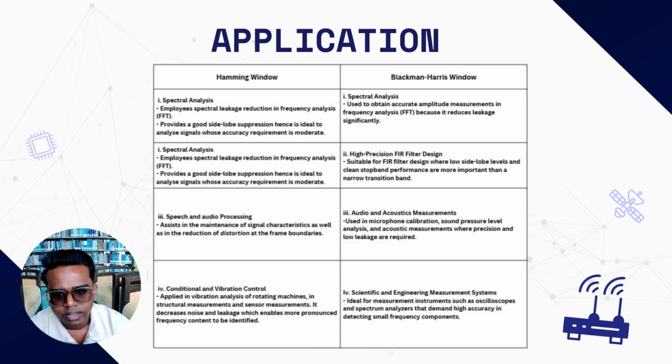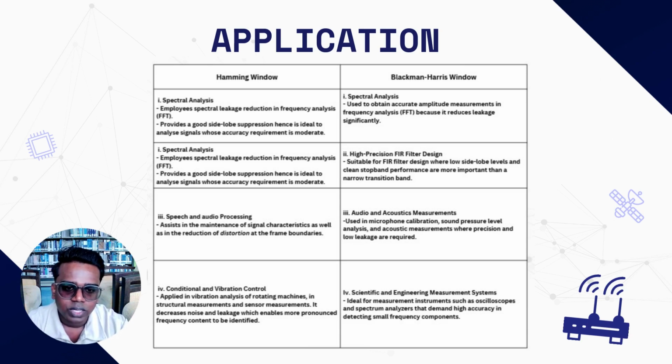For the last one, which is condition and vibration control, applied in vibration analysis of rotating machines, structural measurements and sensor measurements, it decreases noise and leakage, which enables more pronounced frequency content to be identified.